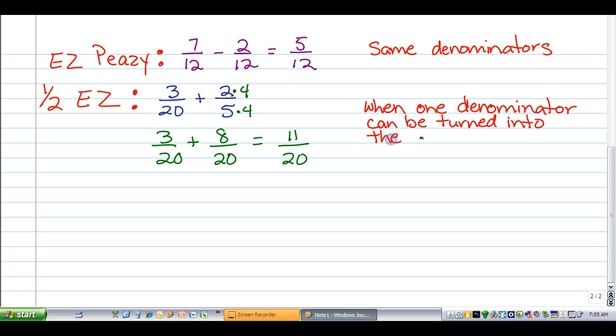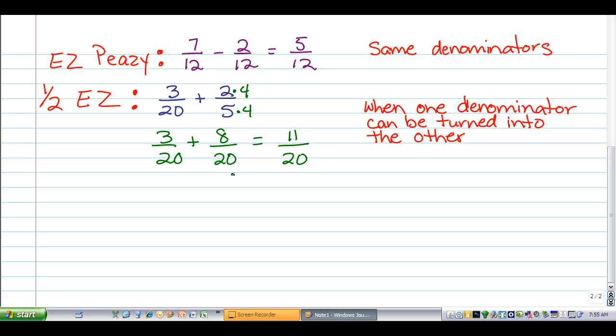And we do that by multiplication. Okay, so 2/5 I changed to 8/20, which is really still 2/5, just in a different looking term. And that is the half easy.